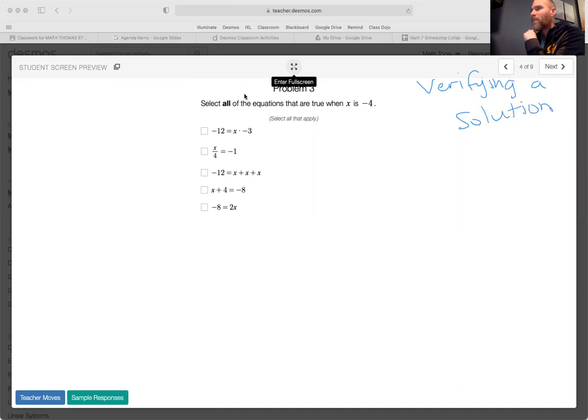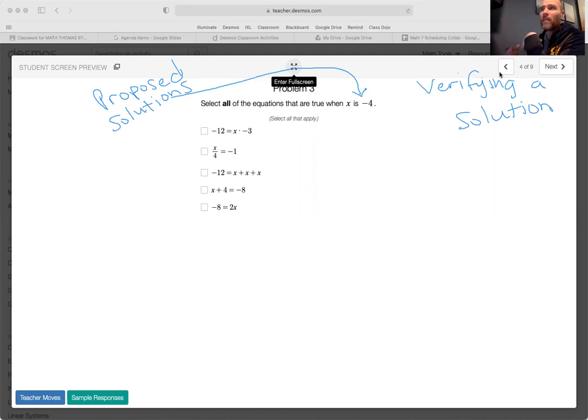And so this right here, saying that X equals -4 is a proposed solution. Like Desmos is essentially proposing to us, not like marriage, proposing to us the idea that the X in each one of these equations equals -4. And it's our job to go and verify that solution.